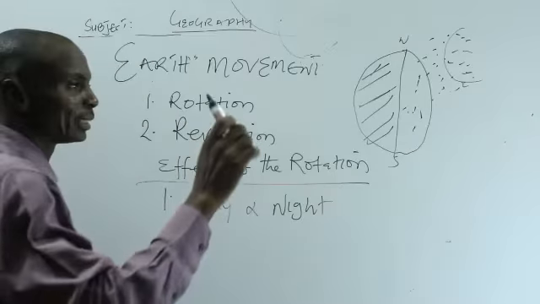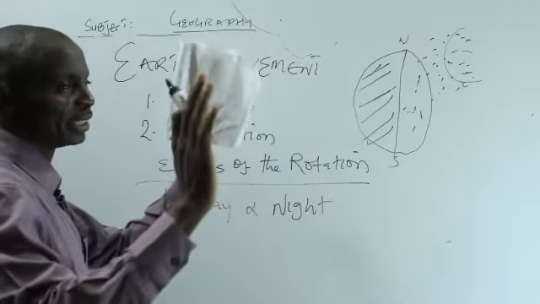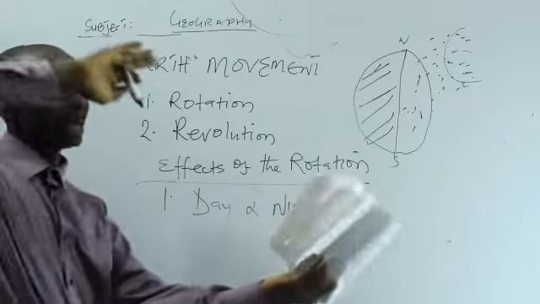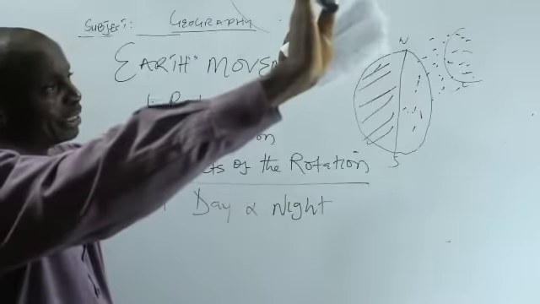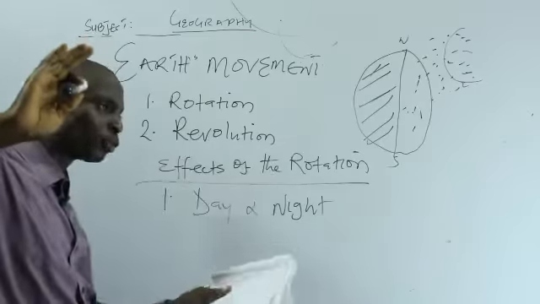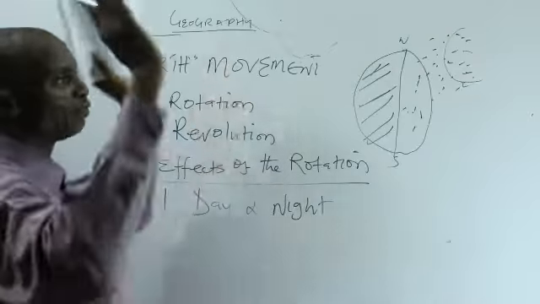So it is the rotation. As the earth rotates, as it moves, the side that faces the sun will receive day, while the side that backs the sun will receive darkness. The earth will rotate again after some hours, that is 12 hours facing the sun, 12 hours backing the sun. After some time, the 12 hours that back the sun will rotate again and face the sun.